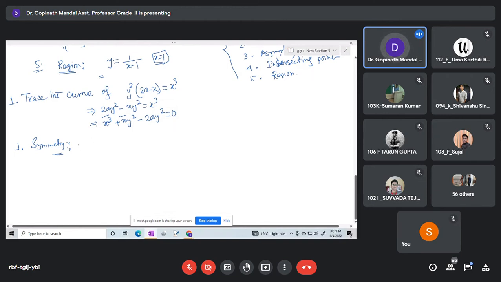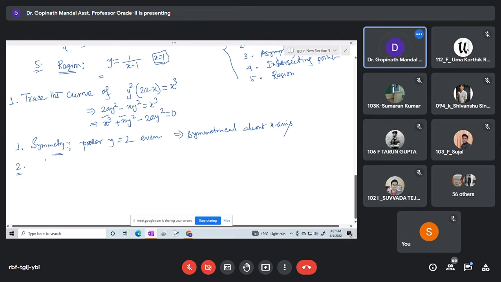Now power of y here is 2, that means even. This implies this is symmetrical about x-axis. So this curve is symmetric about x-axis.